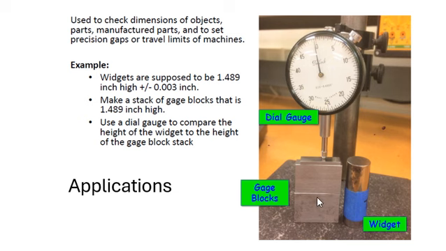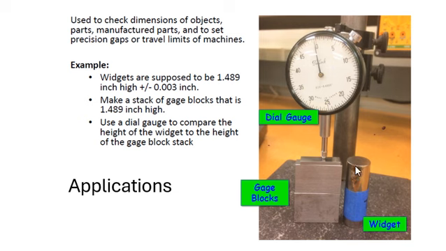The box has a list of these blocks, and they give you the precise measurement of them. So when we stack them, we should get 1.489. And then you put it to this dial gauge, so we get the height, and then we put this widget in there and check if the widget really is 1.489 inch or not.